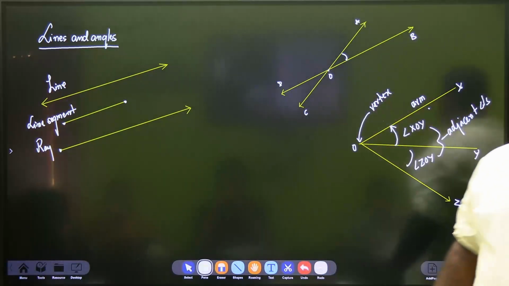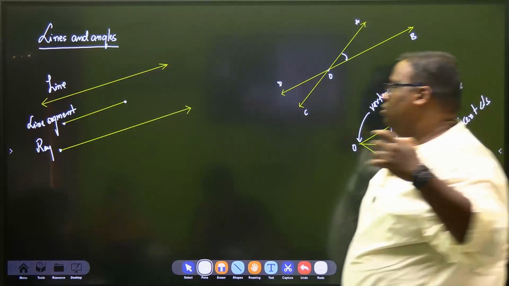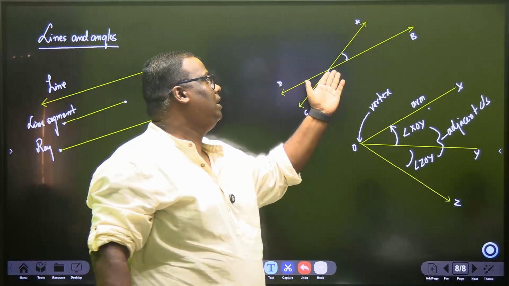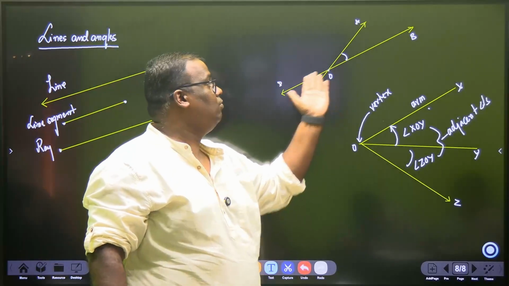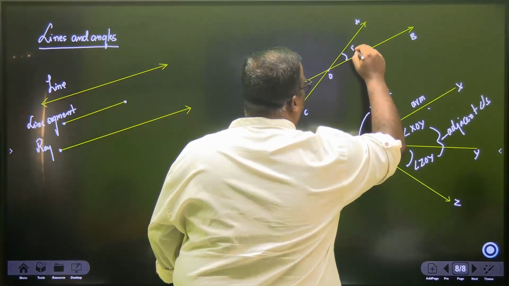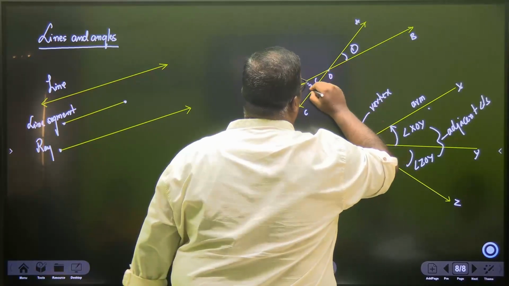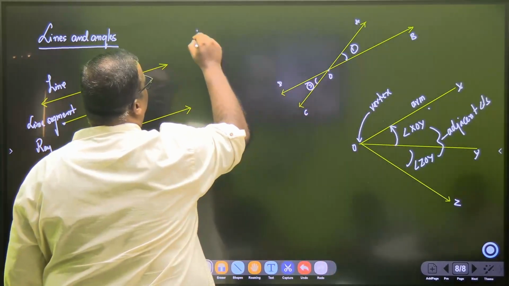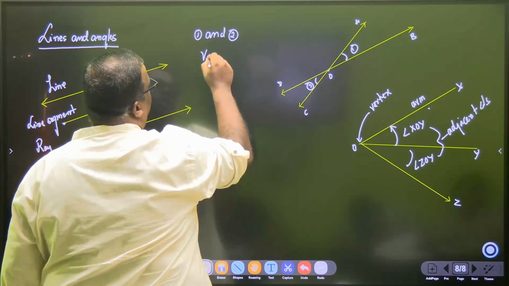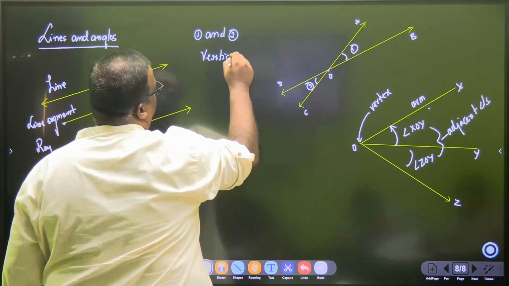Clear? No issues. Good. So when two lines cross over each other, you will have a vertex and you will have angle formations on both sides. So if I call this angle 1 and this angle 2, this formation 1 and 2 is known as vertically opposite angles.